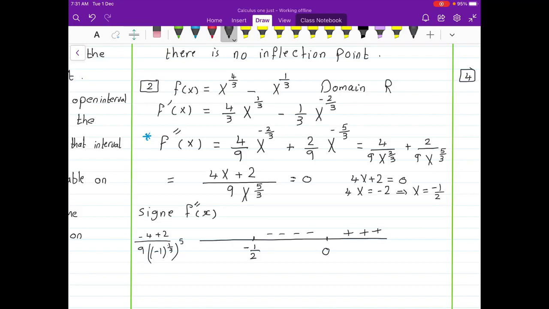The numerator is negative, and the denominator, the cubic root of -1 to the power 5, is negative, so the sign will be positive. Okay.